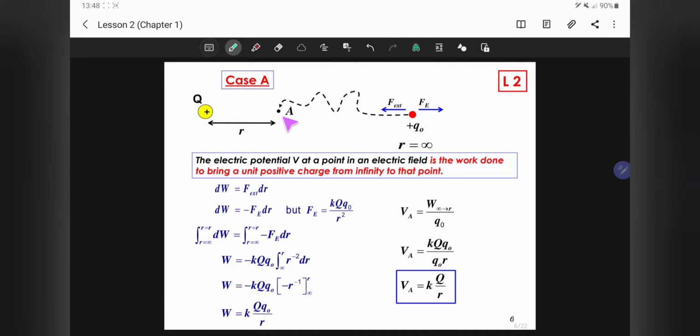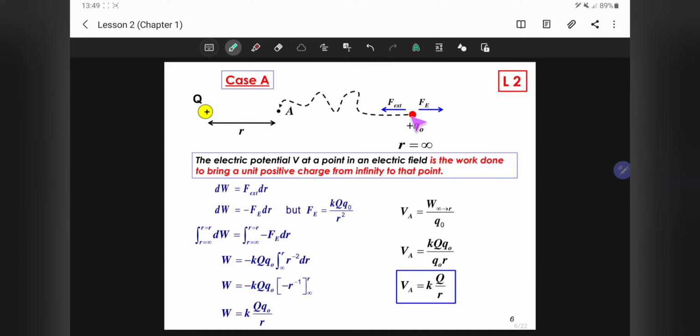How to derive the equation? Remember, before this, the equation of work: dW equals F dr. So r represents the displacement, and work equals F dr. A little change in displacement means a little change in work, isn't it? So this is the basic equation of work. According to this situation, our test charge is a positive charge, and the isolated charge is also positive.